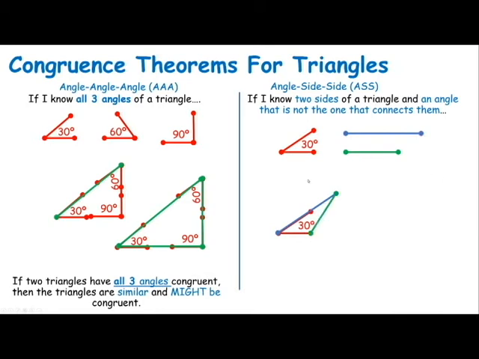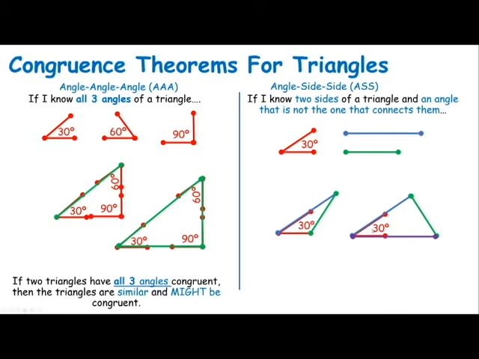I could connect it like this, which means this last side would be really small, or I could do the exact same thing over here, and I could draw that second side out into an obtuse angle. Notice that this tiny little triangle and this large triangle are not the same.